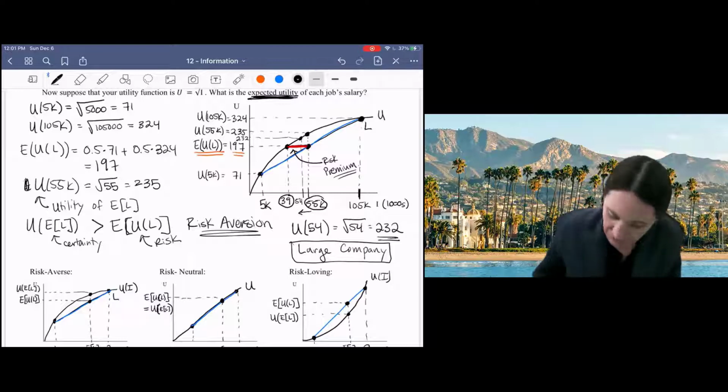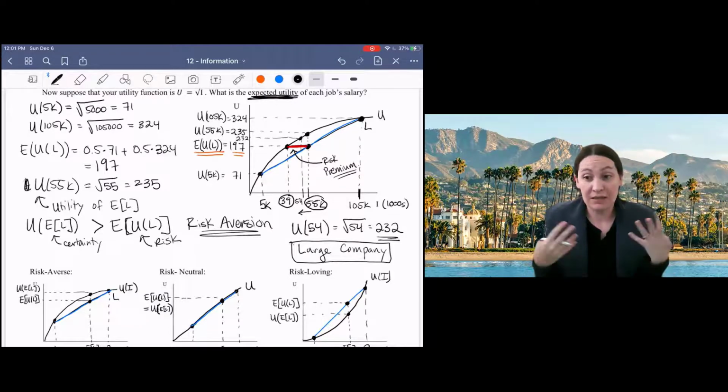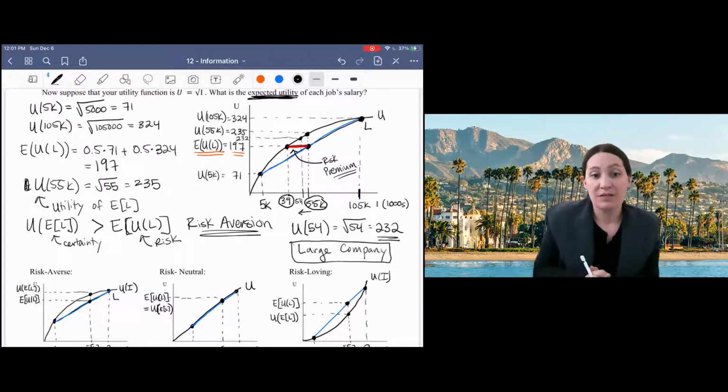It's the value of the risk or the disutility from the risk, right? This person is indifferent between $39,000 with certainty and $55,000 with risk. So the value, the disutility that they get from that risk is equivalent to $16,000. Okay.